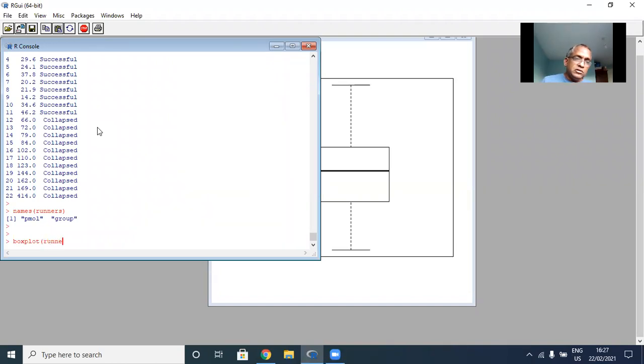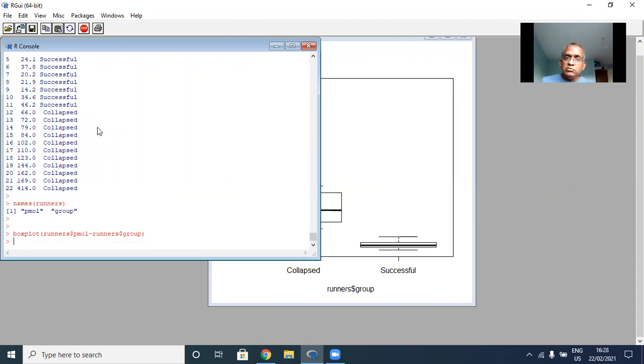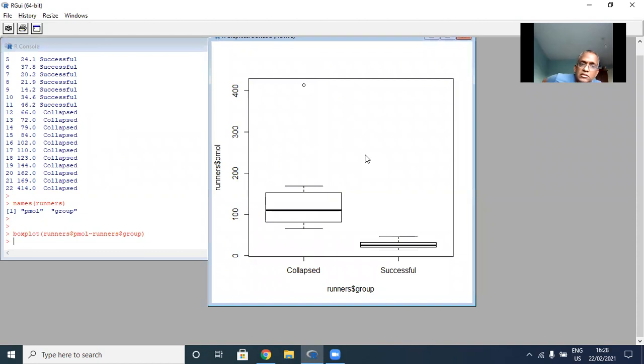One way to do it is to type runners$PMOL, then tilde, runners$group. And this is what you will get. You see, this is the box plot that you will get.